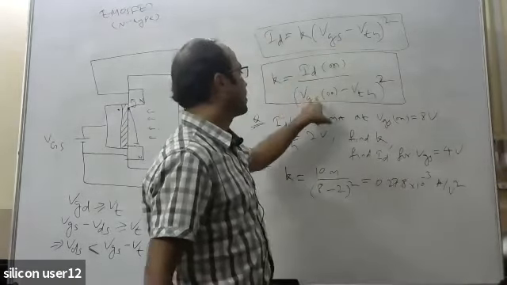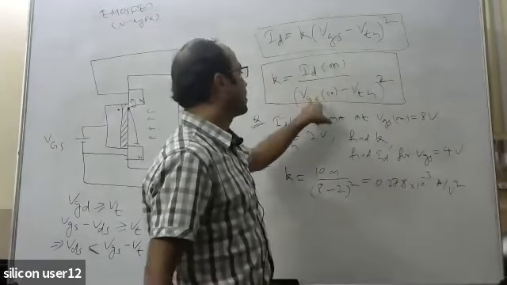Another question we will solve. ID equal to 4 milliampere when VGS is 6 volt, threshold voltage 4 volt.